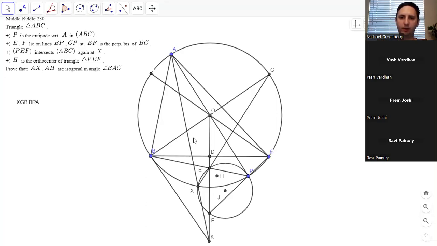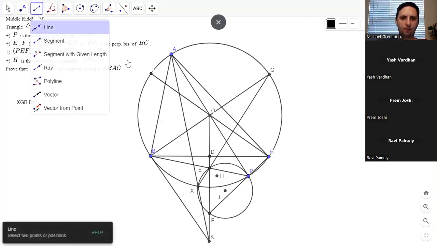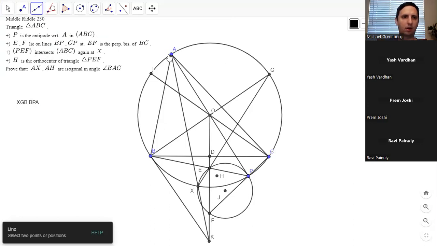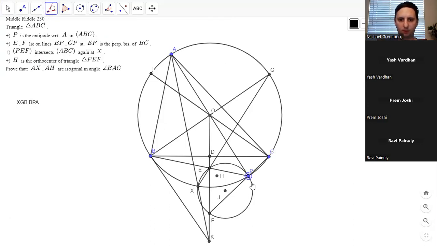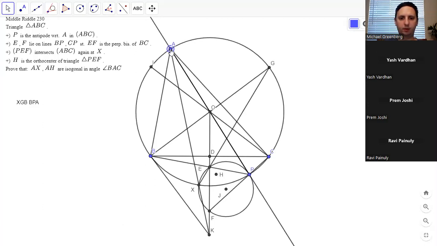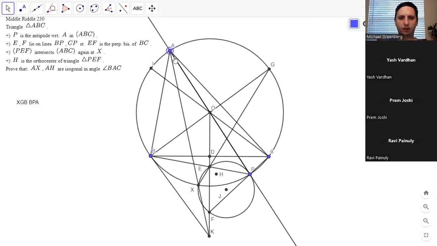Is OP tangent to PEF? Let's see. Let me do it this way. It looks like it is. So I could move things around a little bit, but yeah, it looks like it is.